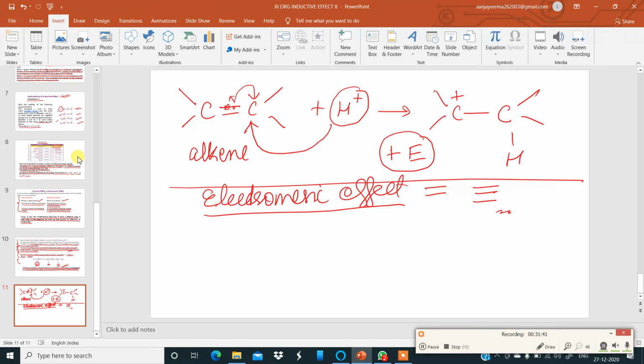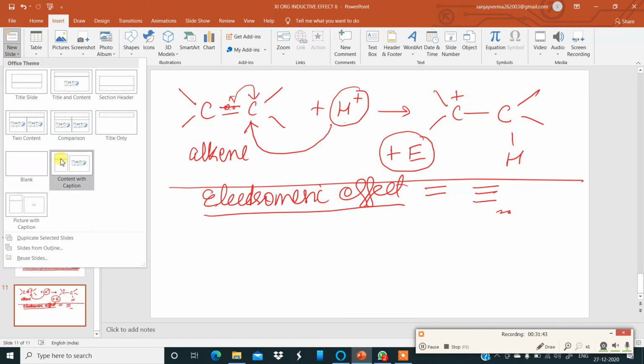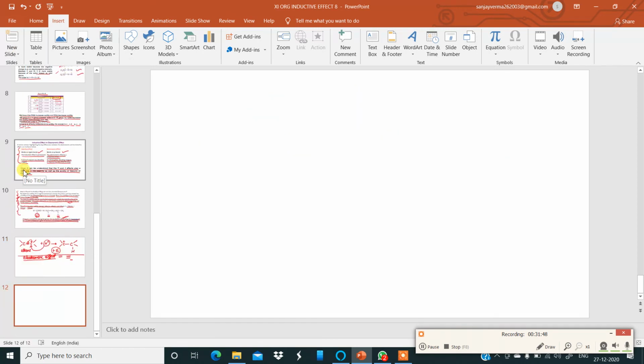Now another one I would like to explain, that is the minus E effect. Let me take one example over here, a ketone group. Here I'm going to use a nucleophile, cyanide, CN minus.